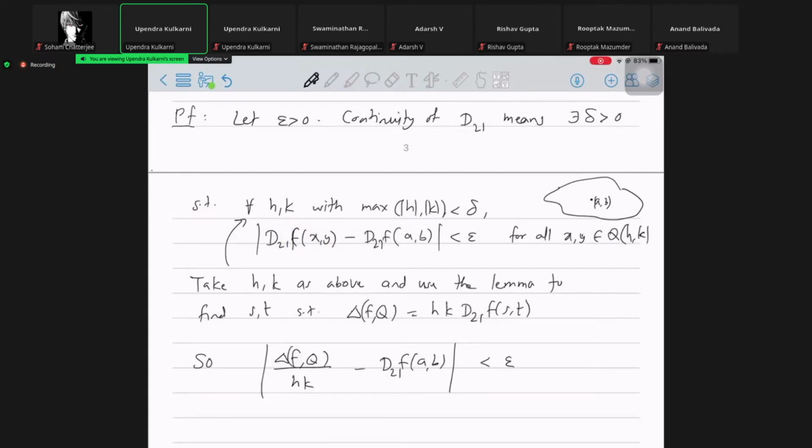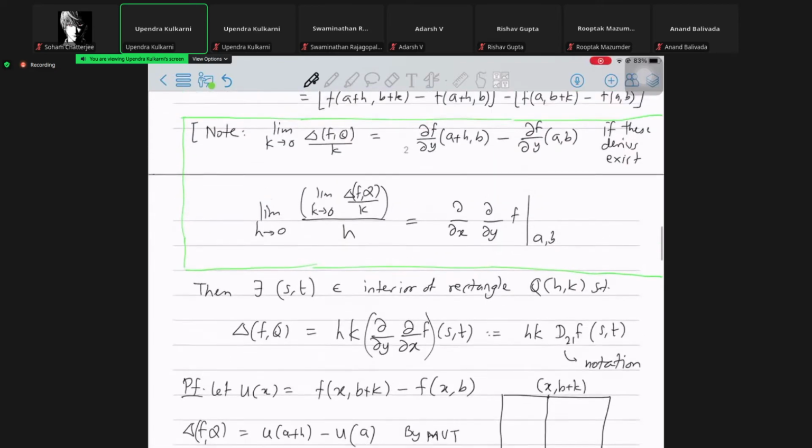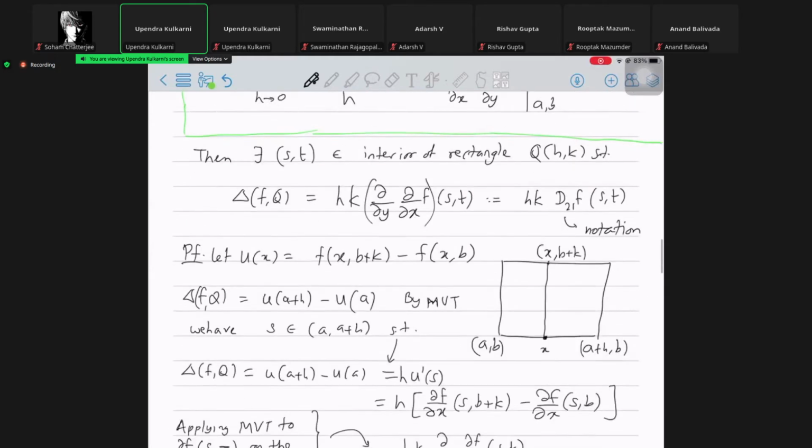Now I play the game as above. Let's look at the calculation in the green rectangle. I'm first going to divide by K and take the limit, and then divide by H and take the limit. Remember, I have both H and K available in the denominator.